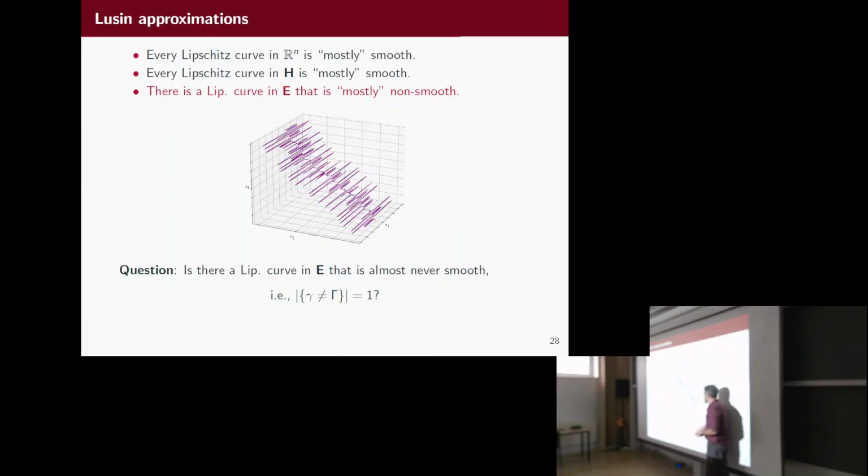The question is, can you create a Lipschitz curve where the measure of the set where it overlaps with a smooth curve is 0, where the set where they're different is the whole time interval? Is that possible? And it turns out the answer is no, surprisingly.